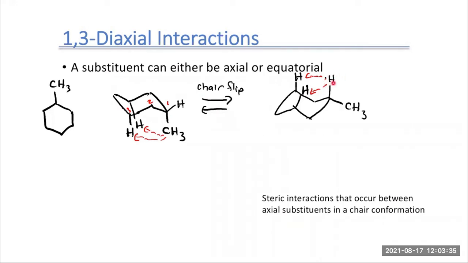So as we know, hydrogens are smaller than methyl groups. So we can predict, since this methyl is axial, it's going to have some 1,3 diaxial interactions and some steric strain because of that with the 2 hydrogens. The hydrogen here, probably not going to have any because they're all really small.